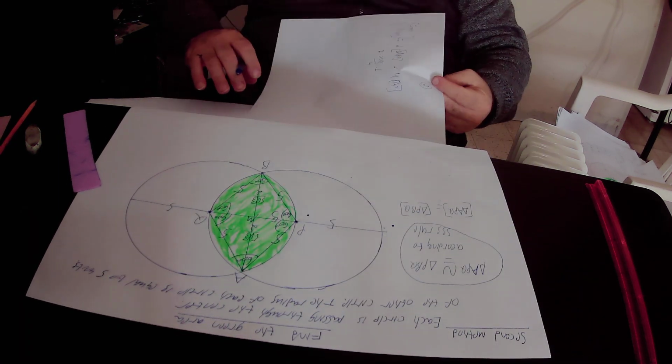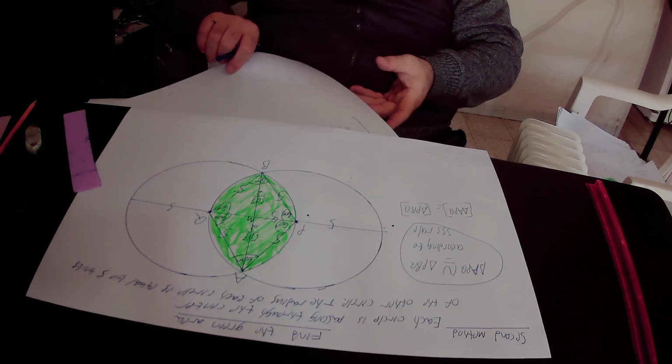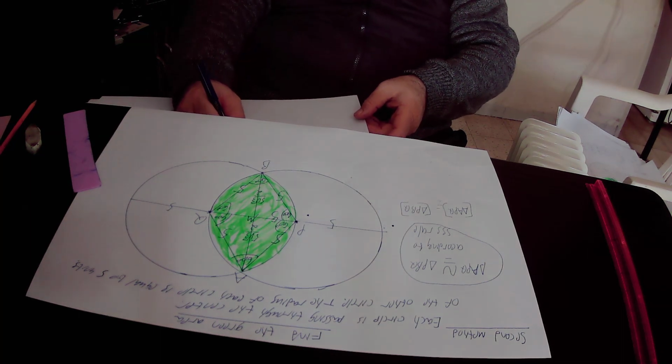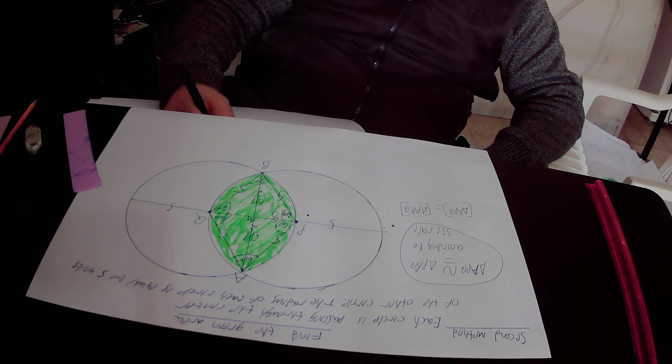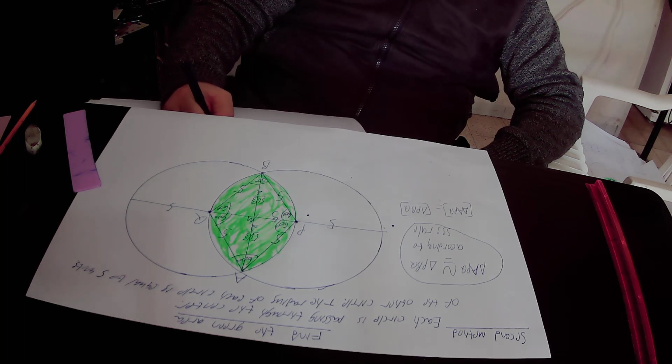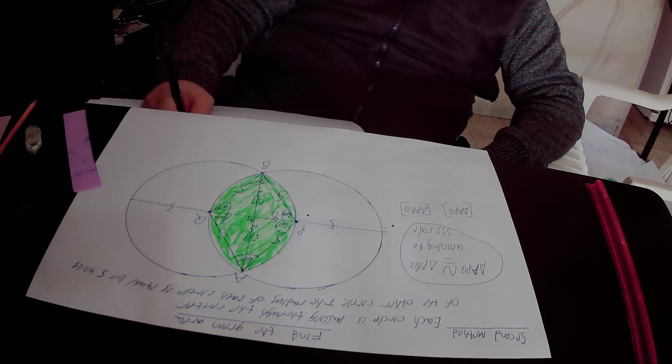Okay, and we have already found out that the area of segment AP equals 25 pi over 6 minus 25 times square root of 3 over 4.